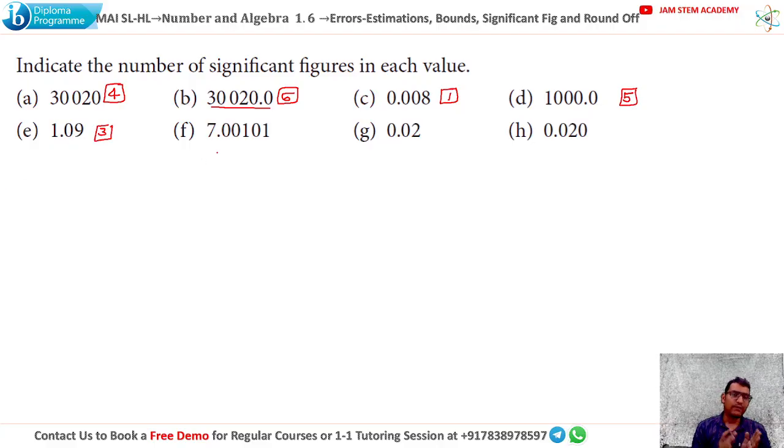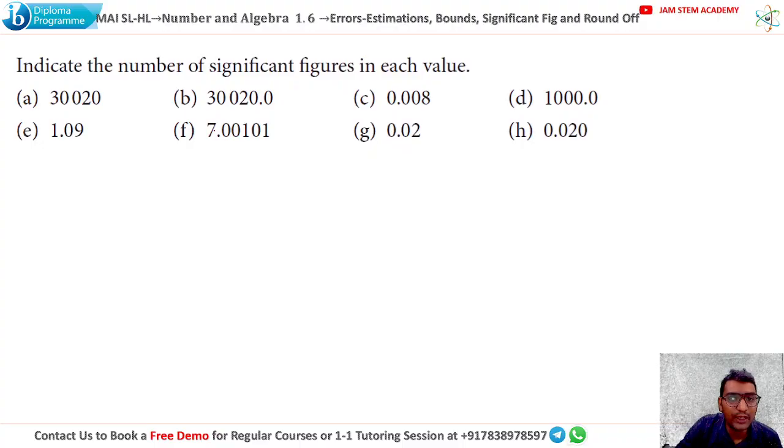Now F part, 7.001001. So in this case, what will we do? Yes, we will consider all the digits, including these, right? So how many significant figures do we have in this part? Okay, let's write it. 7.001, three these and three these, total six digits, six for this.